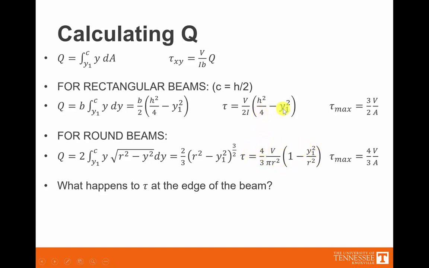Same thing here as Y1 approaches half of the height. So if this is h over 2 squared, it will be h squared over 4. This top term will also go to 0.